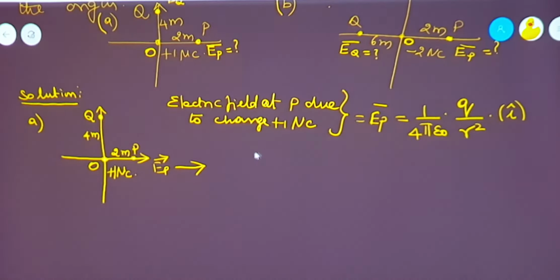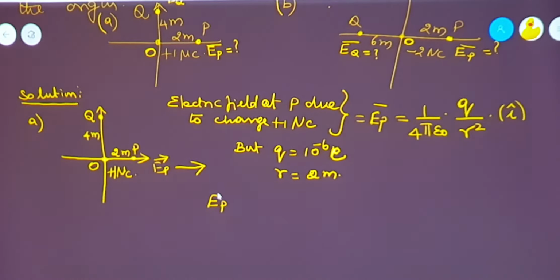Positive x-axis, I can consider it as I cap, plus I cap. Now substitute the value. But what are the values? Here, the value of Q is plus 1 microcoulomb, which is 10 power minus 6 coulomb. Then what is the value of the distance? The distance r is equal to 2 meters. Substitute it here.